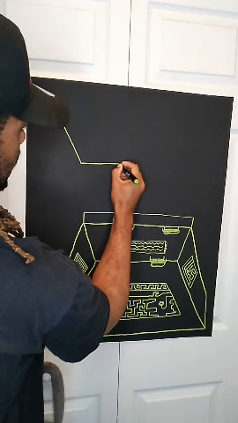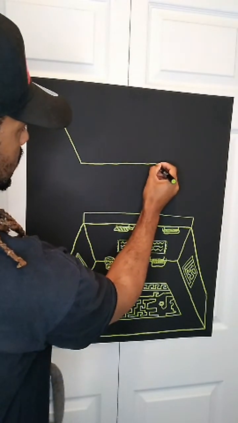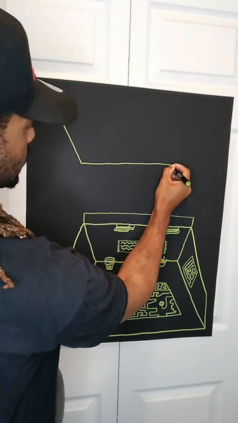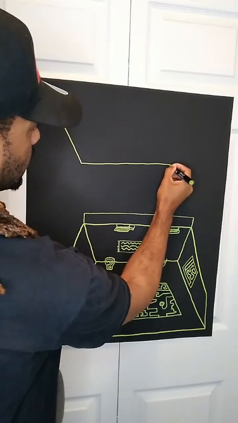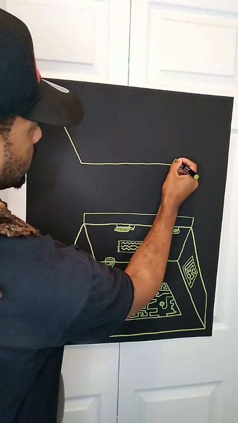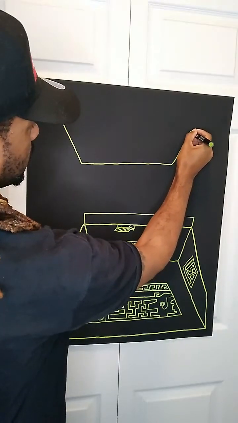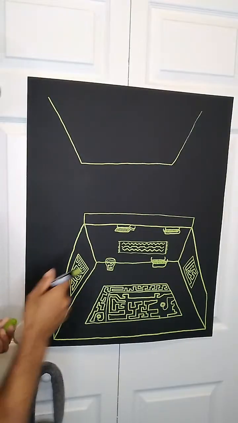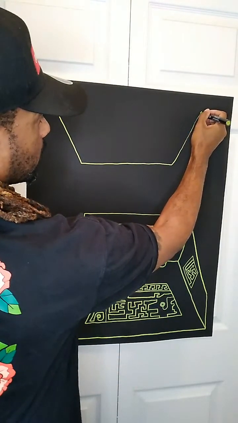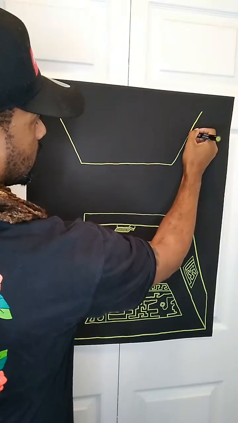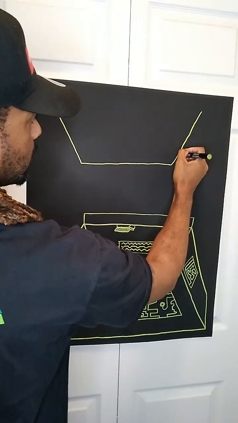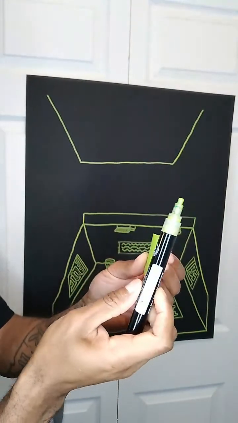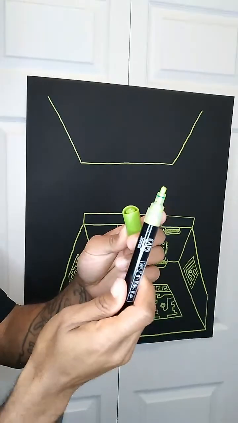So also, I didn't realize there are so many things about these markers. The tip on this marker is rounded, right?